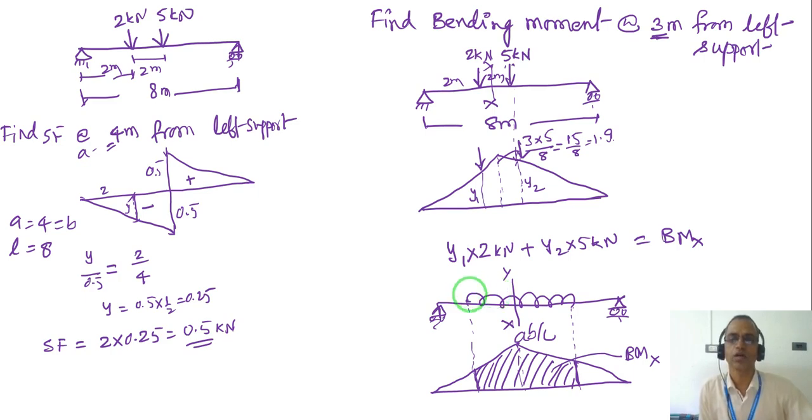We can find the ILD for propped cantilever, fixed beam, and continuous beam, for the reactions, shear force, and bending moment at a given section. So let us find this response quantity for the indeterminate beams using the Muller-Breslau principle in the next class. For now, thank you so much.